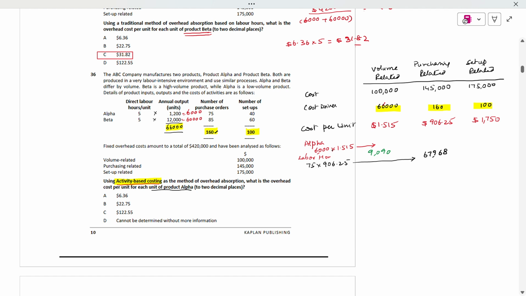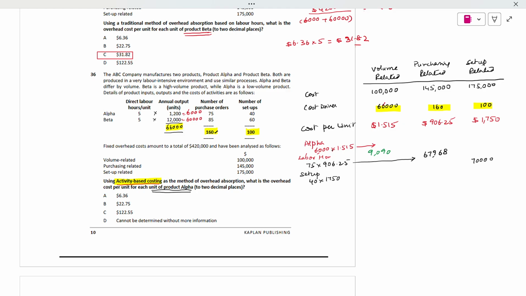You can remove decimals. Okay, setups. 40 multiplied by 1750, that is 70,000. They are asking for each unit of product alpha, so you total it all.